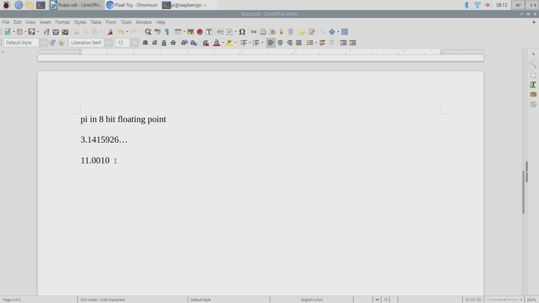Because if I write something down as 1.mantissa times 2 to the exponent, do I have to actually encode that leading 1? No, because it's always a 1, so I get a bit for free here. Even though for the mantissa we only store 4 bits, it's really more like 5.